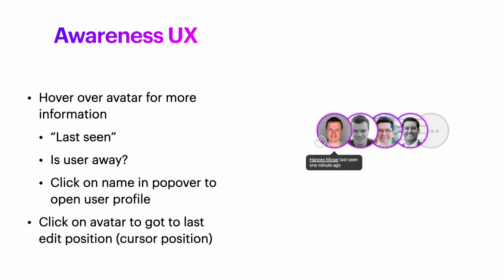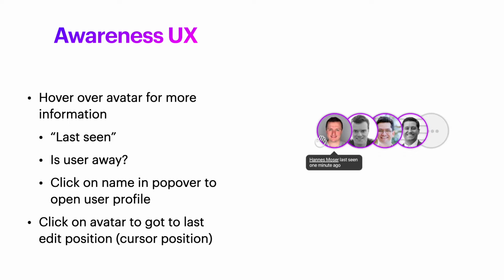Why we are doing this on hover and reserving the click on the user image for something else is because we want a feature in the future: when someone is editing the text field of an issue description and you're interested in what they are currently editing, you should be able to click on the user's profile image, the avatar, and it will scroll the page to the last known cursor for that particular user.